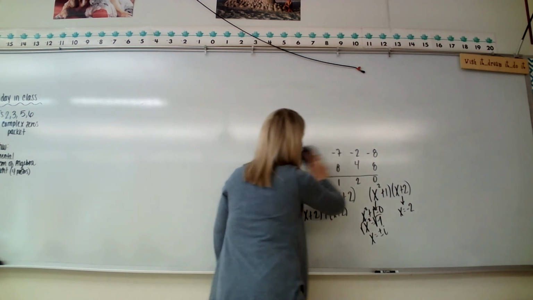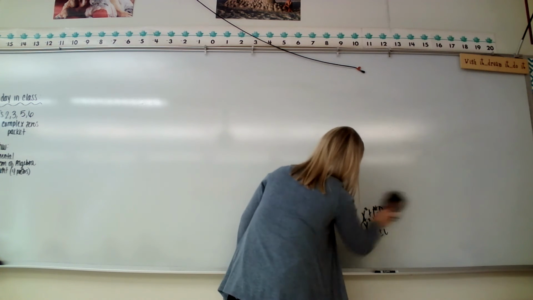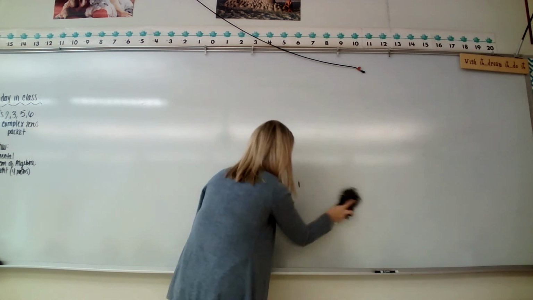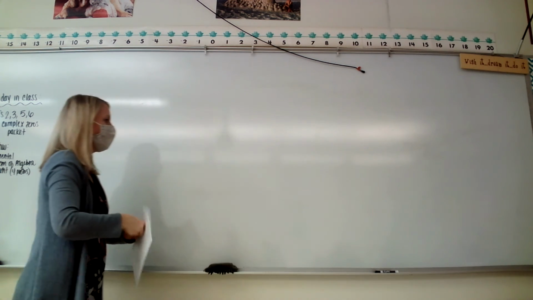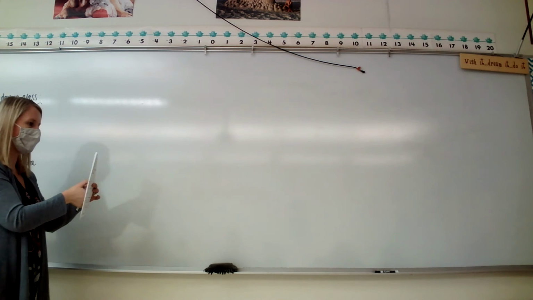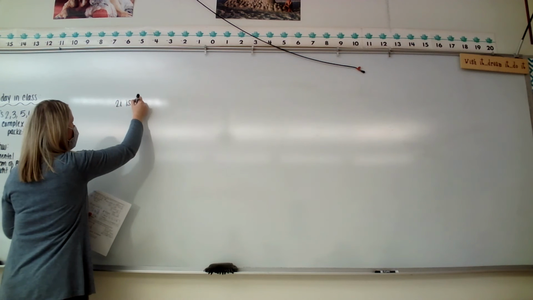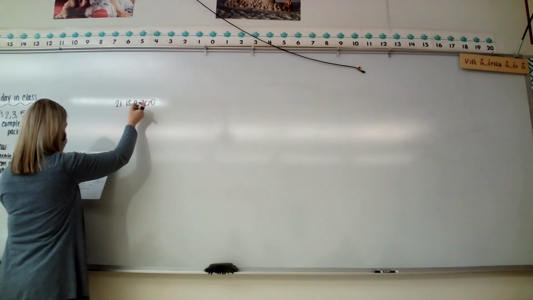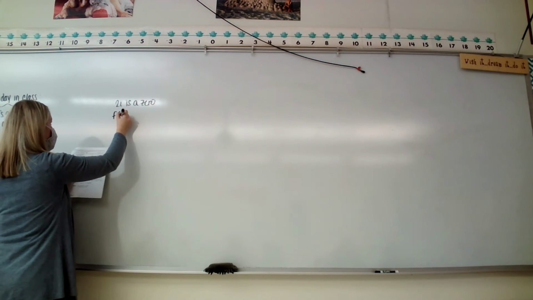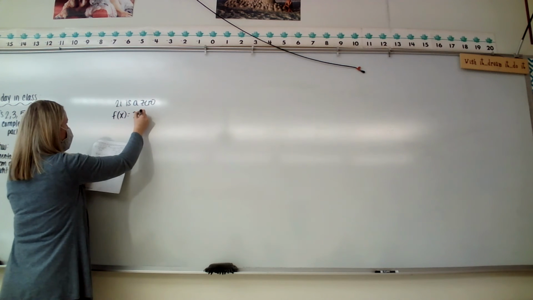Okay, so the big thing for this one. It tells us that 2i is a 0. Okay, that's exciting. And we have this polynomial, this function, whatever you want to call it.